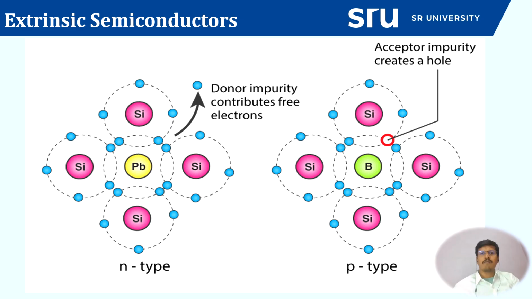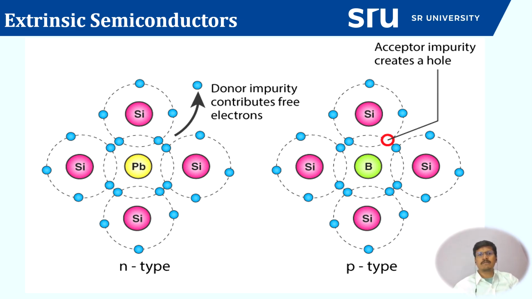So, what exactly is an extrinsic semiconductor? I can say that an extrinsic semiconductor is a semiconductor whose electrical conductivity has been intentionally modified by adding a very small amount of impurity atoms into the pure semiconductor crystal.